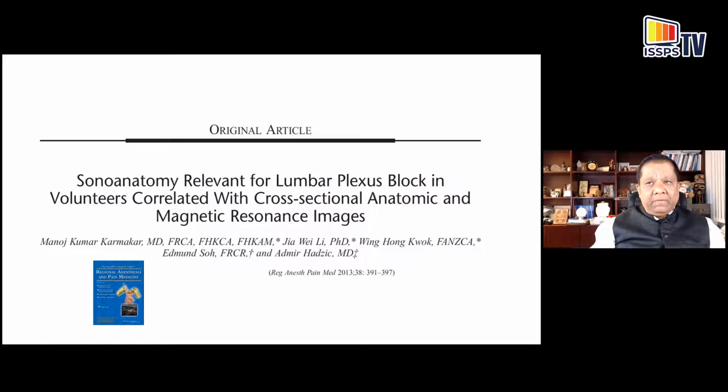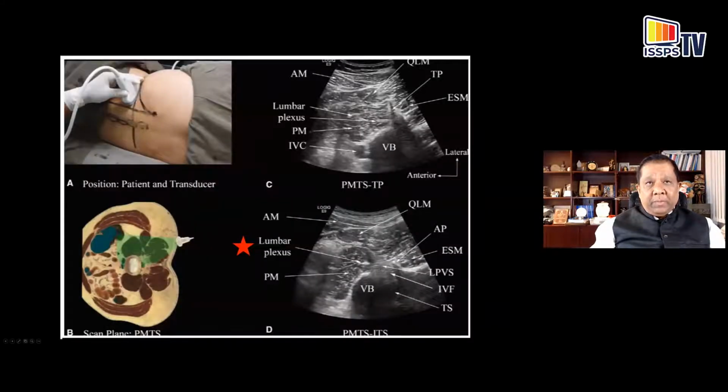using correlative anatomical and magnetic resonance imaging that when you perform a paramedian sagittal oblique scan at both the transverse process and the articular process level, you can have a very consistent way of identifying the anatomy relevant for lumbar plexus. Now, the objective is to identify the paramedian transverse oblique window at the level of the articular process as seen on the image to the bottom right.